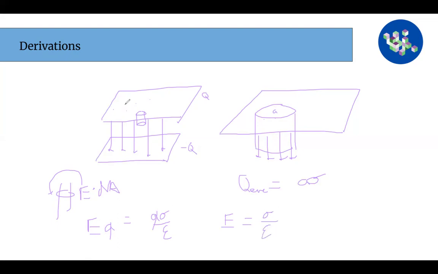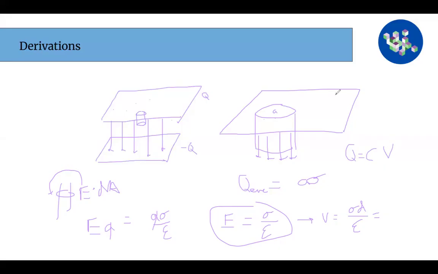Notice that this E is constant anywhere in the region between the two parallel plates. If I want to find the voltage difference between the two, that means V would be equal to sigma times d divided by epsilon zero. This is my V, and we had that Q equals C times V. Now, what is Q?